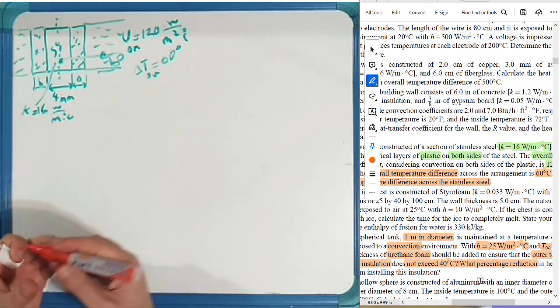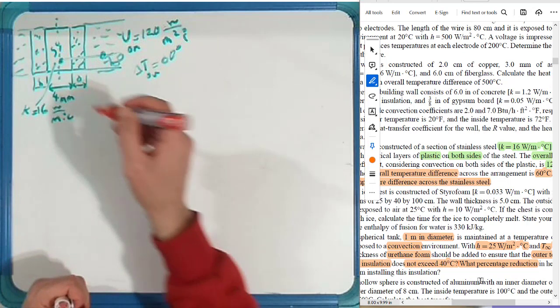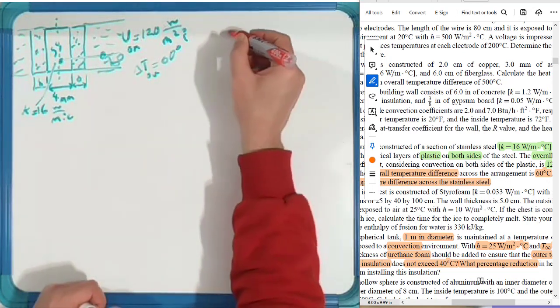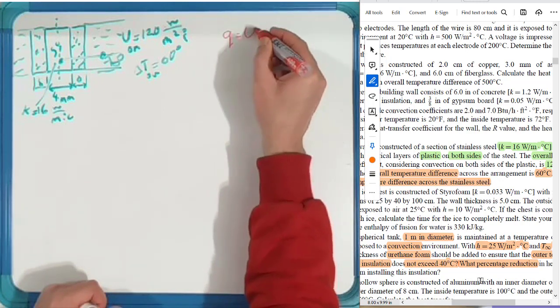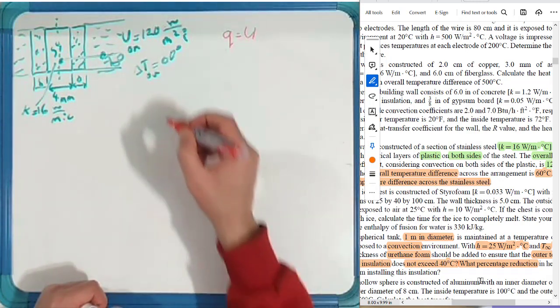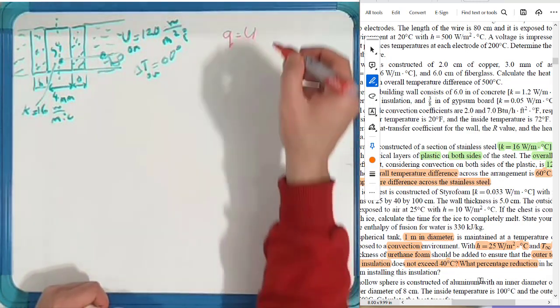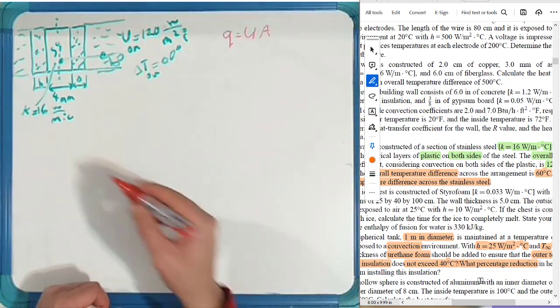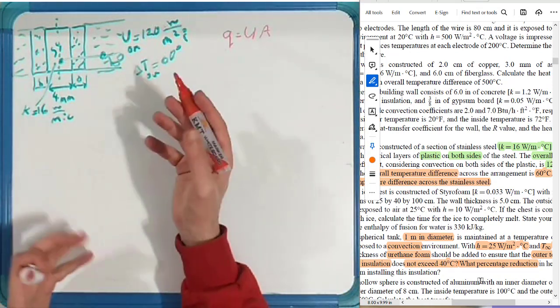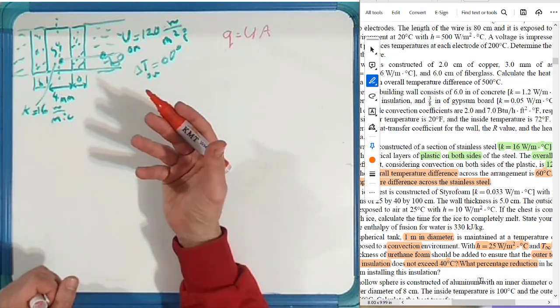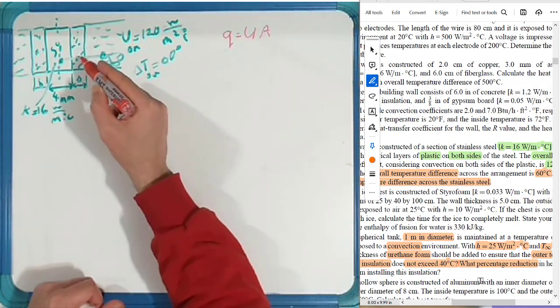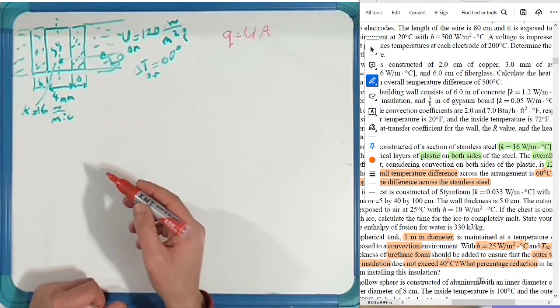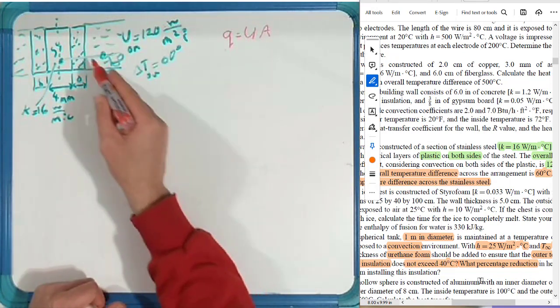I want to write the formula for all of them. We can write Q equals U, the overall heat transfer coefficient, multiplied by A, which is the area for transferring the heat from steel to plastic and from plastic by convection to the fluid.